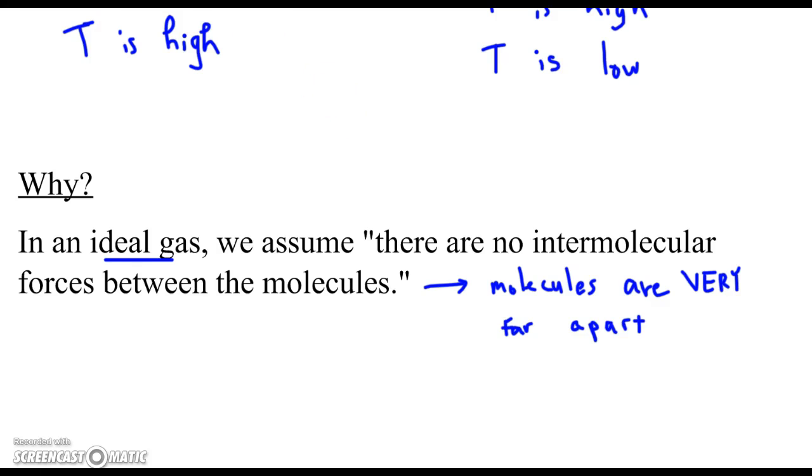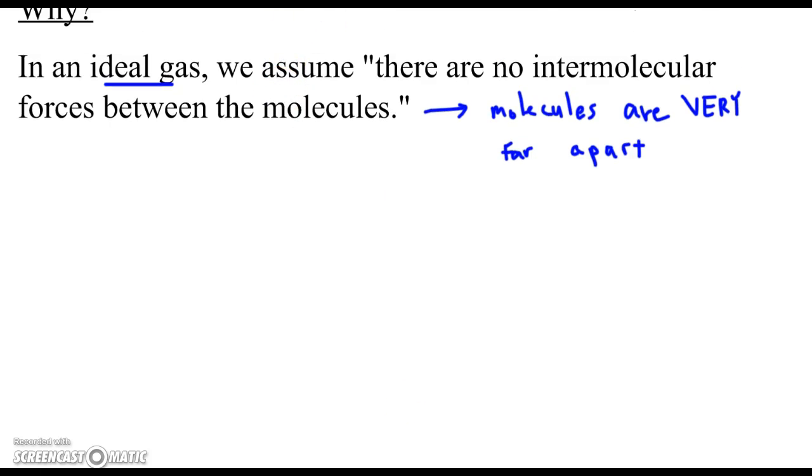just like we've written. So here's the cool thing. Let's take our ideal gas equation, the equation of state of an ideal gas, PV = nRT. What does it mean if the molecules on average are very far apart? It means that the number of moles divided by the volume is a low value.